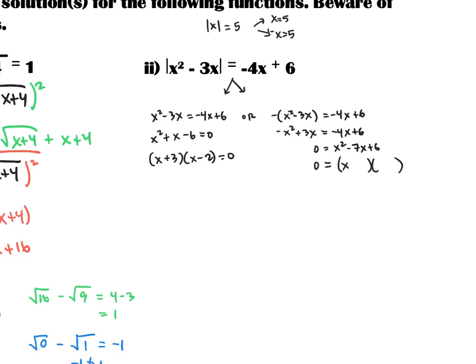Okay, and then the other one, I would have x minus 6 and x minus 1. So that's telling me then that I should have solutions of -3, +2, +1, and a +6. Now in this process, we would go back in and we would check all 4 of these.